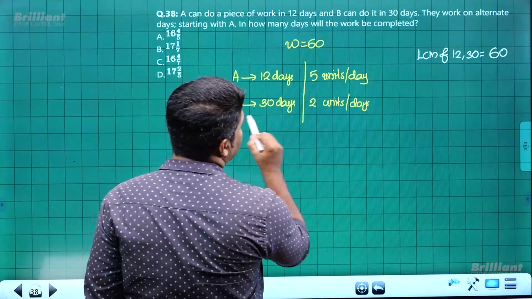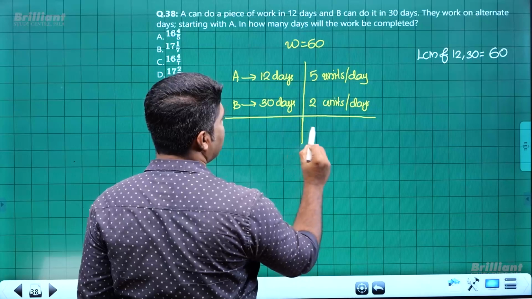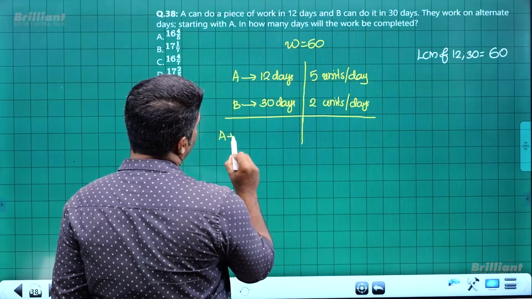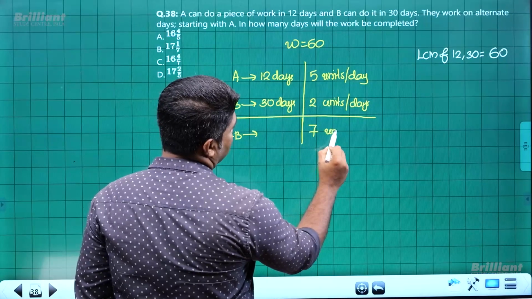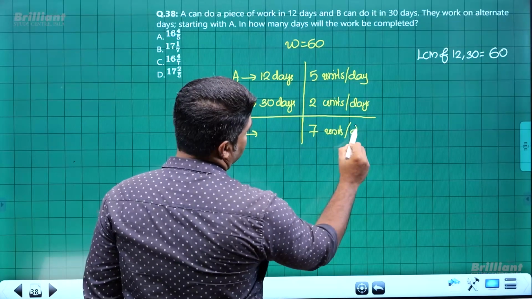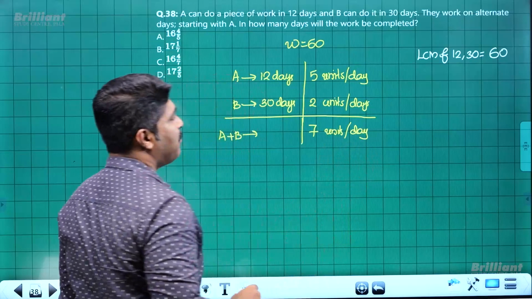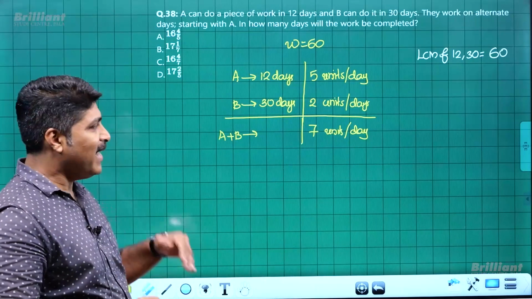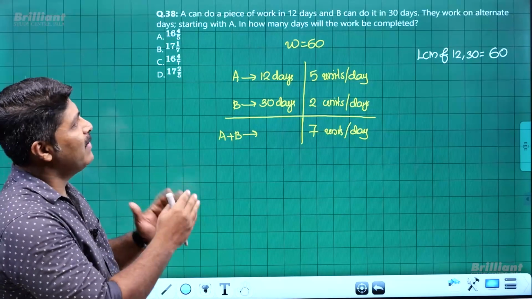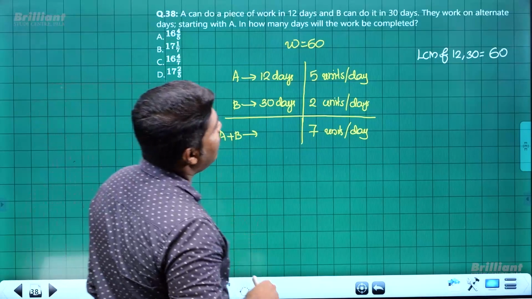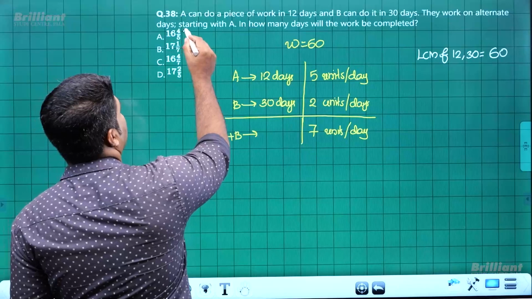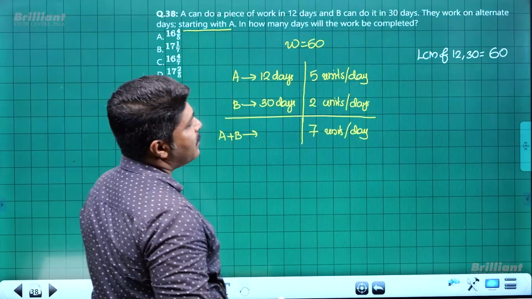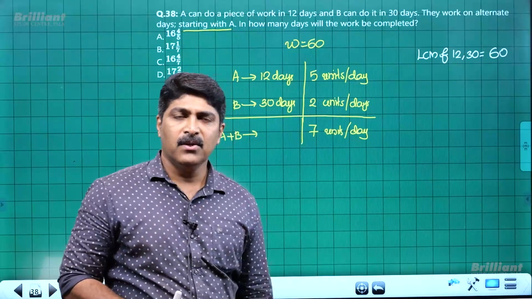If they are working together, then how many books can they bind per day? 7 units per day. So this is the first step of assumption. Then we are considering the situation like this: in how many days can they complete the work if they are planning to work on alternate days and start with A. You just visualize it.